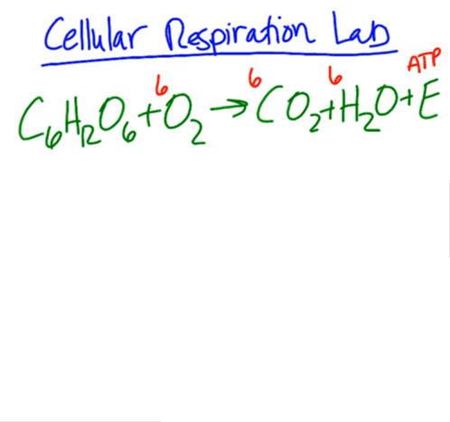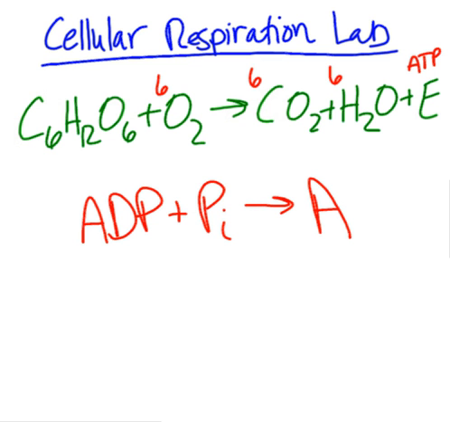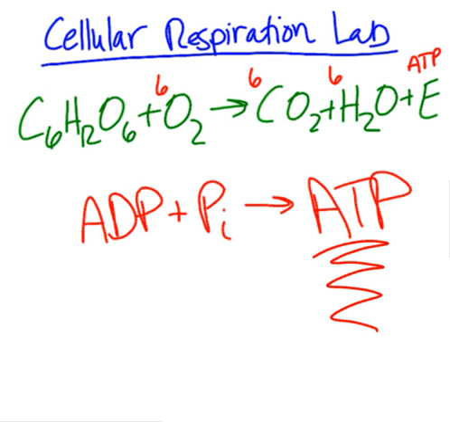What's happening here is what we call the oxidative phosphorylation of ADP to form ATP, which is ADP plus Pi forming ATP, and this is our usable form of energy that organisms use for their daily anabolic processes.